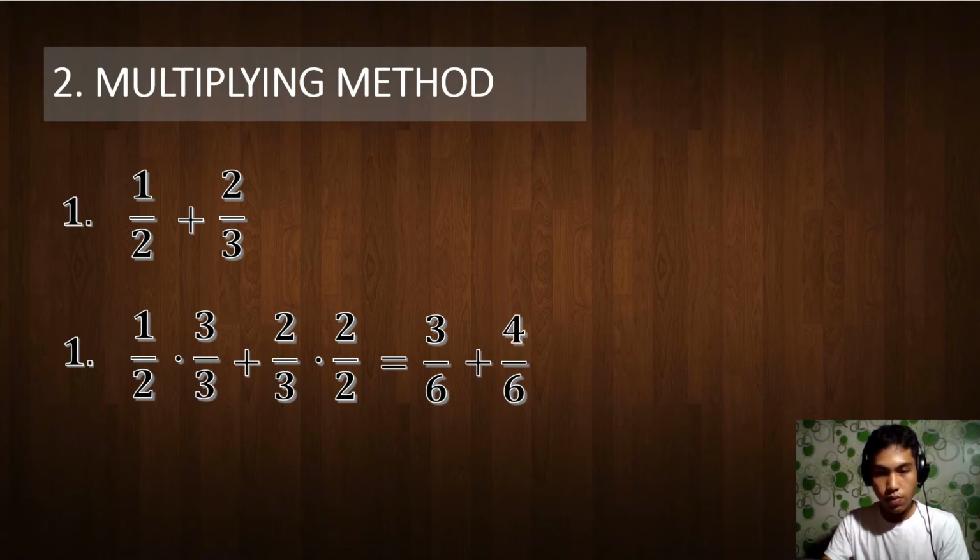For the second part, we have plus 2 times 2 equals 4, 3 times 2 equals 6. Just simply add the numerators, then copy the common denominator. So 3 plus 4 equals 7, so we have 7 over 6.